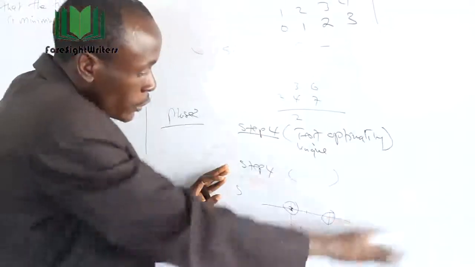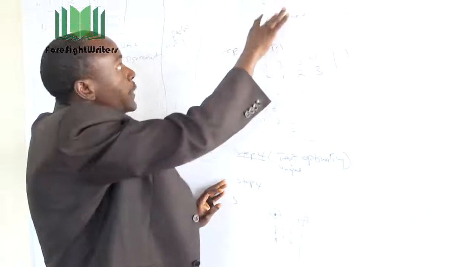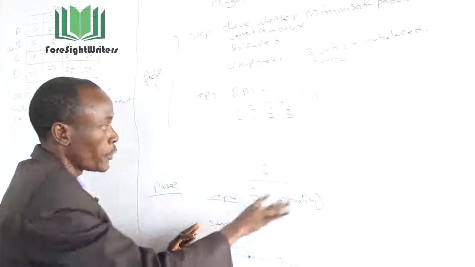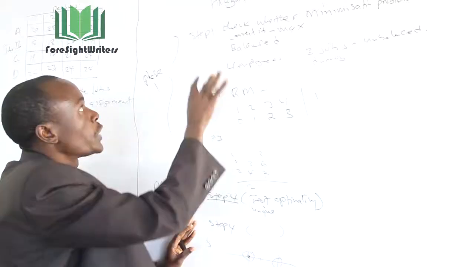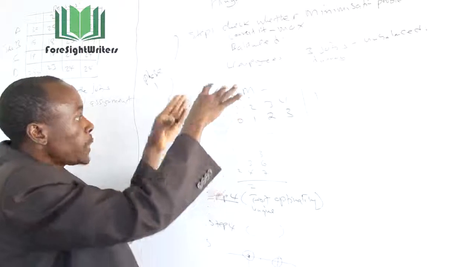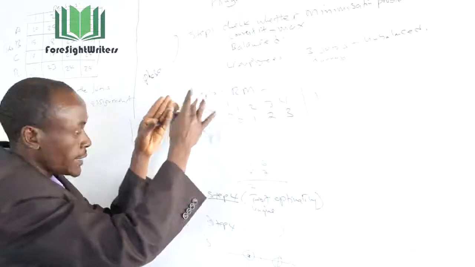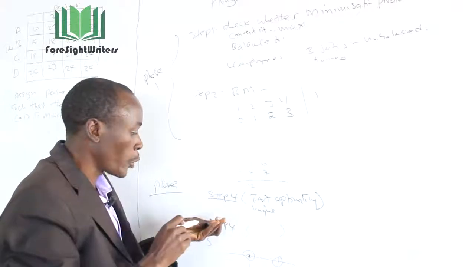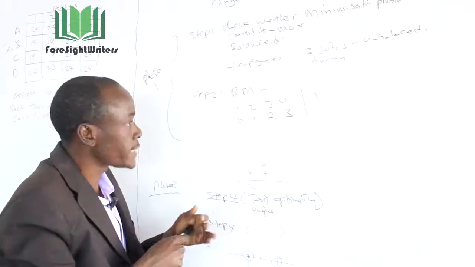So all this is what you call the algorithm for the assignment problem. These are the steps that we need to follow so that we can solve an assignment problem. We want to use one example to demonstrate exactly what we have been doing, and that example is taken from your cost unit example number 1.